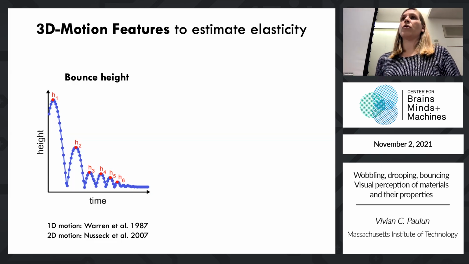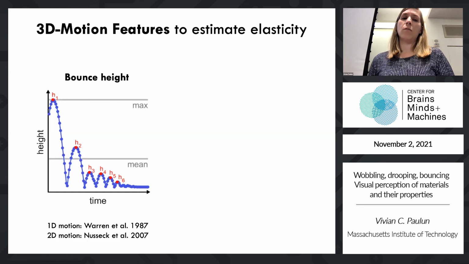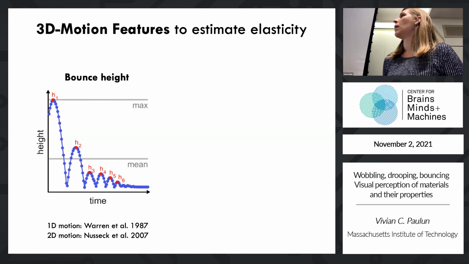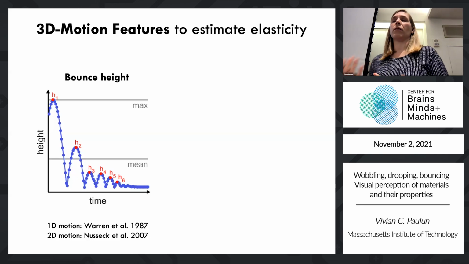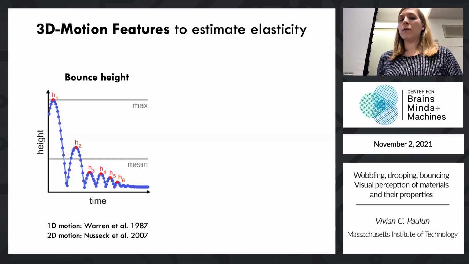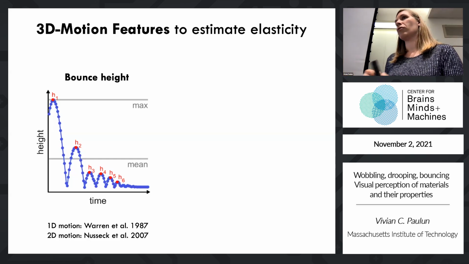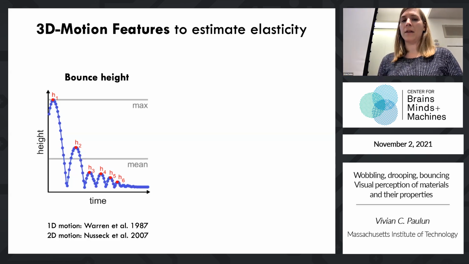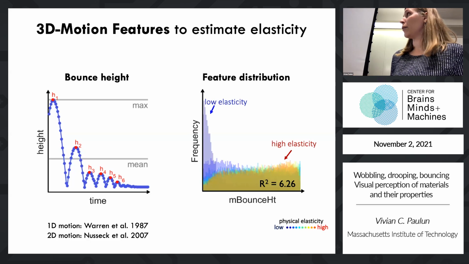And now, because we want to have just one estimate and not, in this case, 6 different ones, we can take the maximum or the mean. We tried both of these and see whether that is a good feature for elasticity. So we did this for all 100,000 stimuli, and then we can see how this feature is distributed across different levels of elasticity. And that's what I'm going to plot here in this histogram.